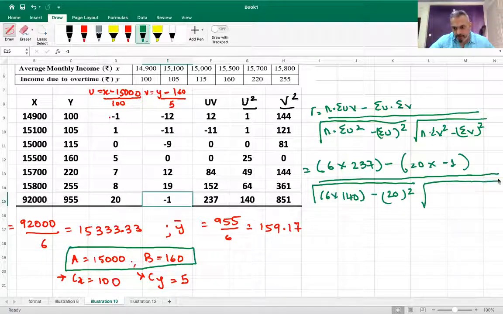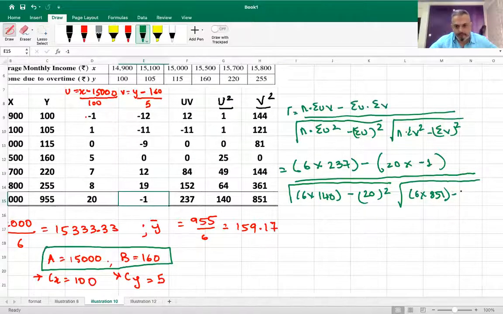The whole under root is 6 into sigma v square is 851 minus sigma v, that is minus 1, the whole square.